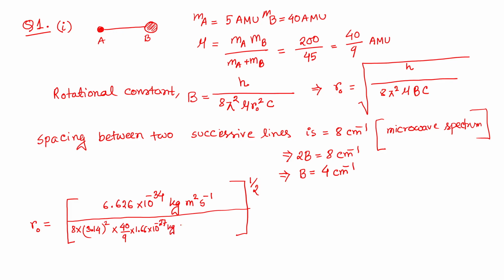And then the value of B is 4 centimeter inverse. So I will take my velocity of light also in centimeter units, so that I could cancel it, centimeter second inverse. So from here you can see that I can cancel centimeter inverse, second inverse, centimeter with centimeter inverse, kg with kg, and meter square is left.